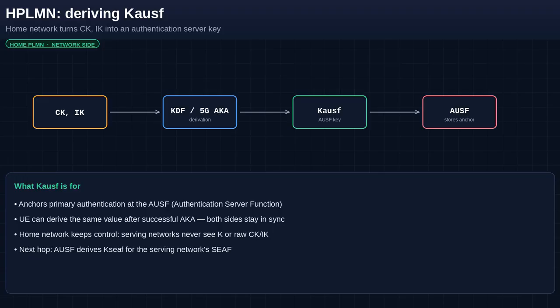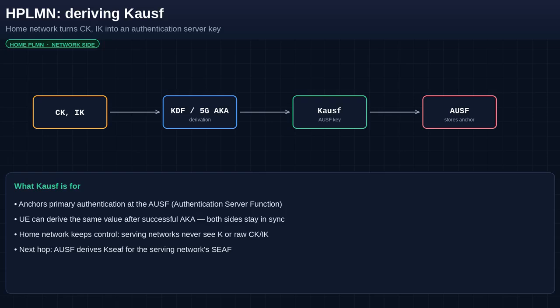So the home network keeps K and the AKA machinery. The AUSF keeps KAUSF, and from KAUSF, the next hop will create a key aimed specifically at the serving network. If you remember only one thing from this scene, KAUSF is where home authentication becomes a reusable security anchor, without exposing the root.